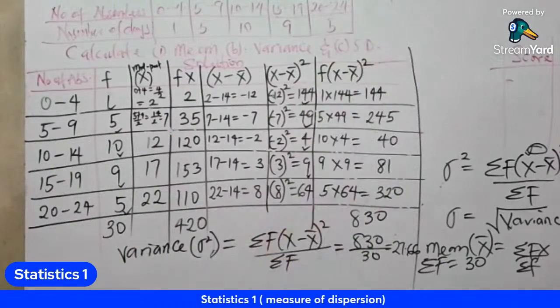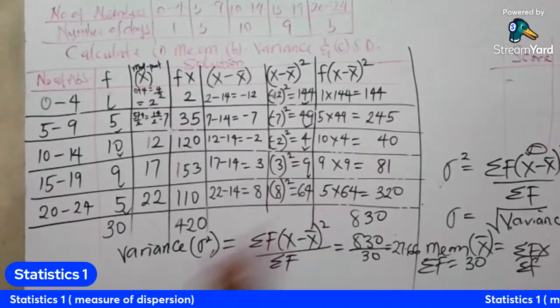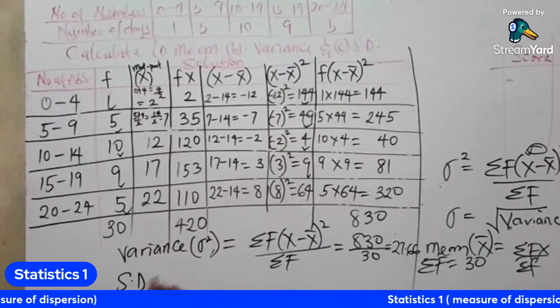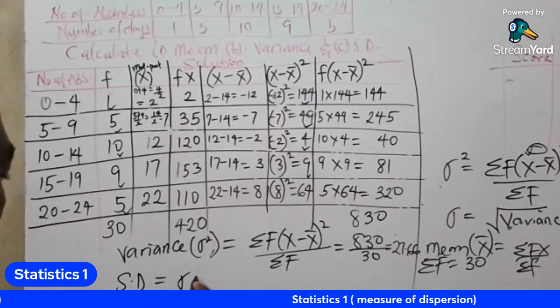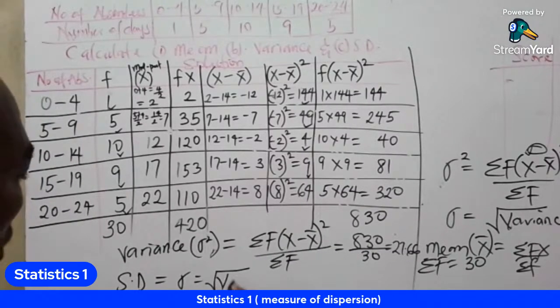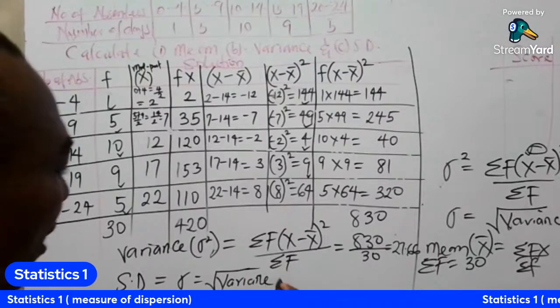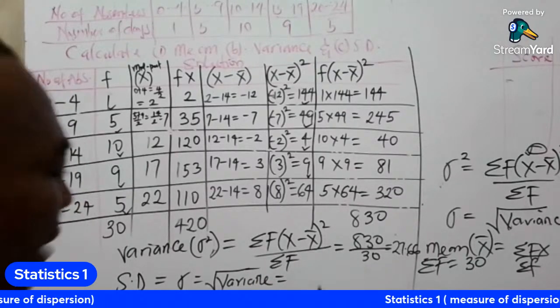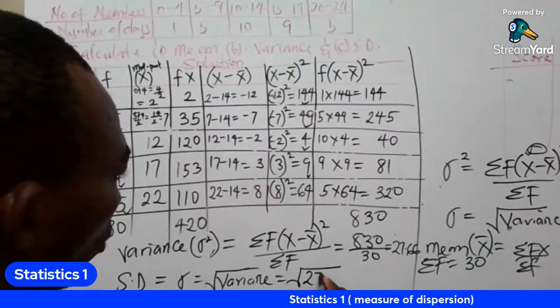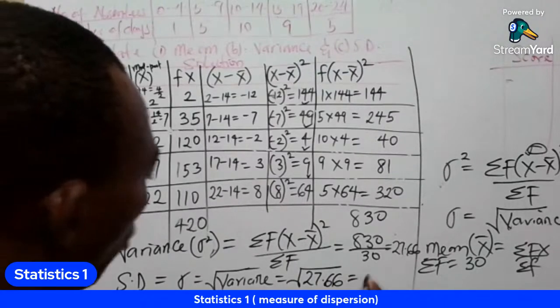You can just take it to two decimal places, so 27.66. And of course, my standard deviation is just the square root of the variance. Since I've got my variance as 27.66, I'll just take the square root of 27.66.